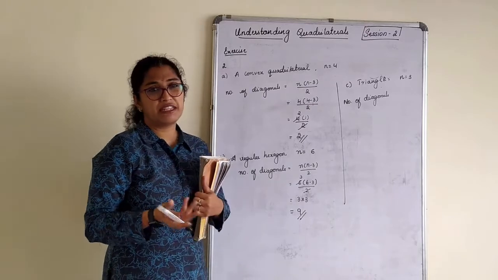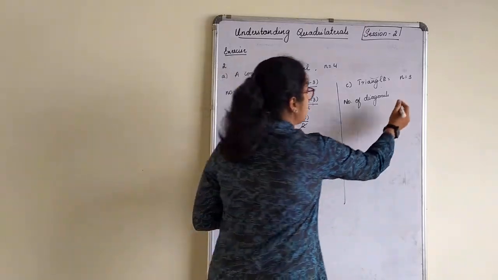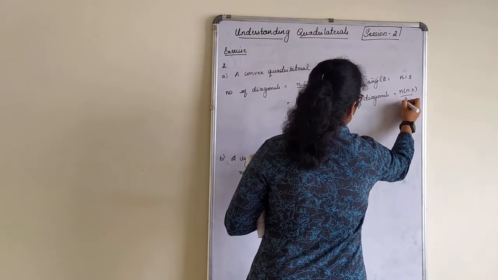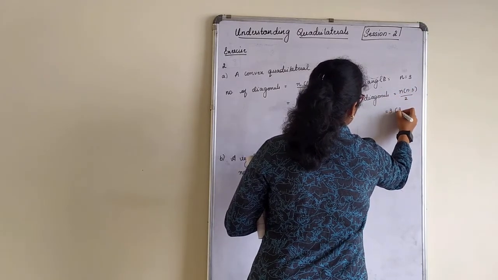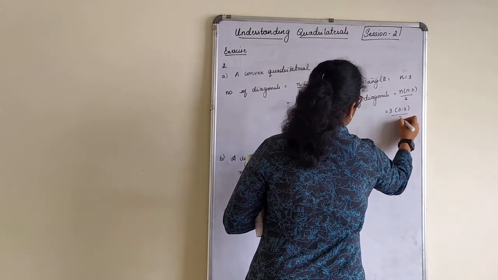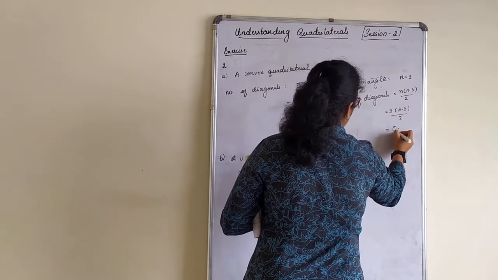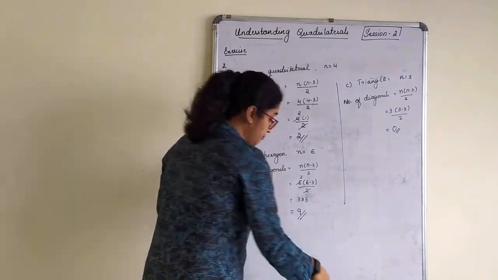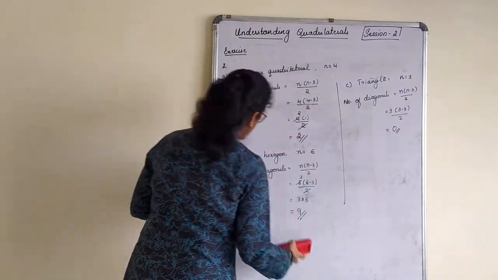In MCQs, you can give a direct answer. n(n minus 3) divided by 2: 3 into (3 minus 3) divided by 2. 3 minus 3 is 0. So a triangle has 0 diagonals. That is the answer.